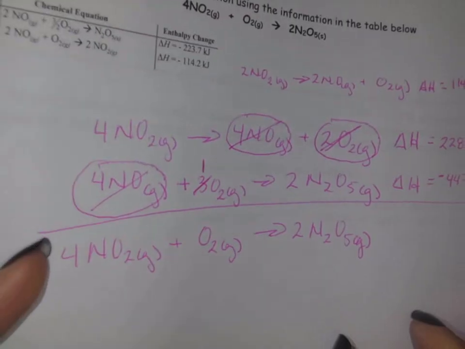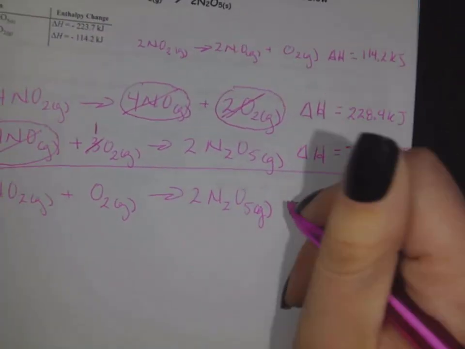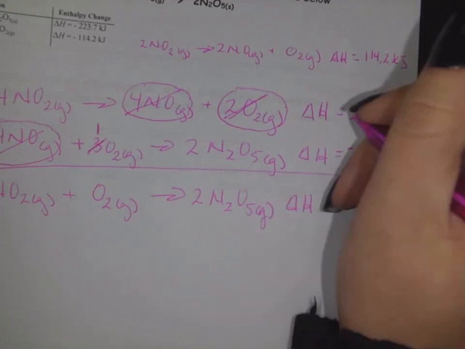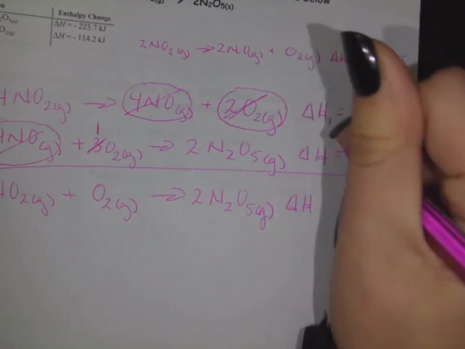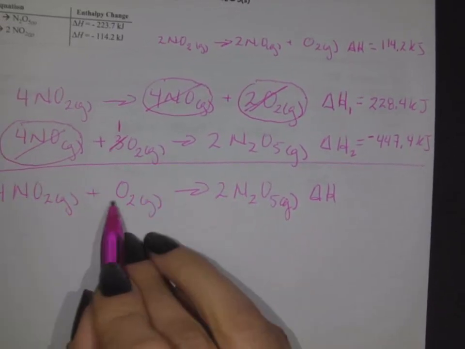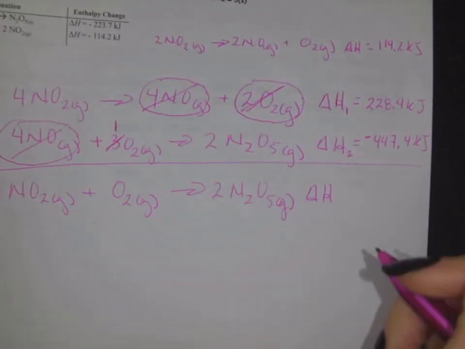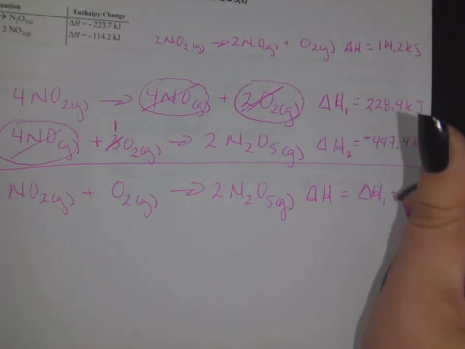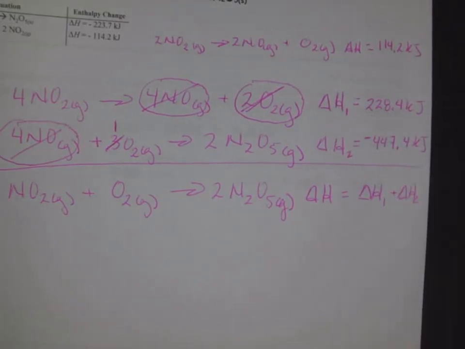So then what is the delta H? Let's call this reaction 1. So this will be delta H of 1, delta H of 2. To get delta H of the overall, where I added those two together, it's just going to equal delta H1 plus delta H2.